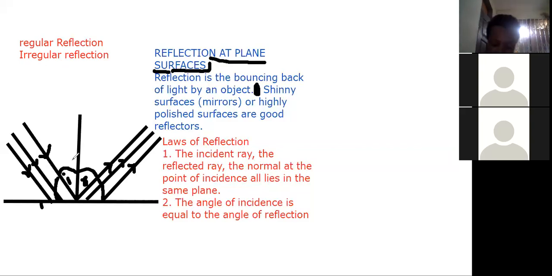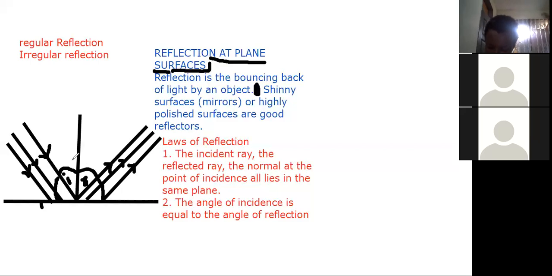That is the reverse of regular reflection. The surface is rough, most of the light rays incident on the surface are absorbed, and as I have already said, the incident parallel rays are reflected in different directions or scattered. And the images formed are not well defined.